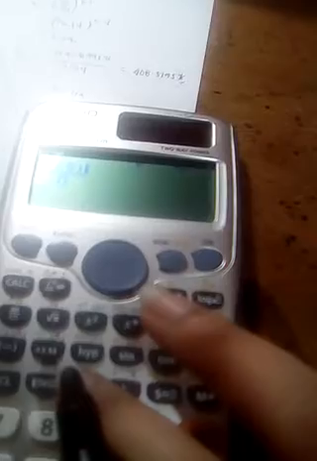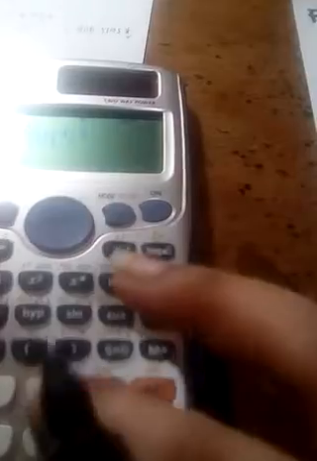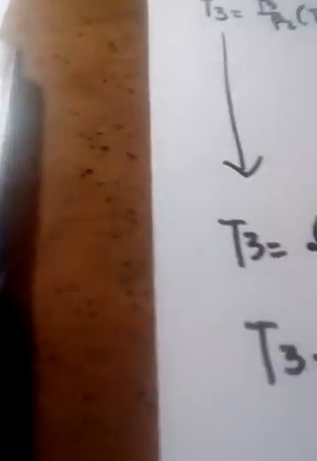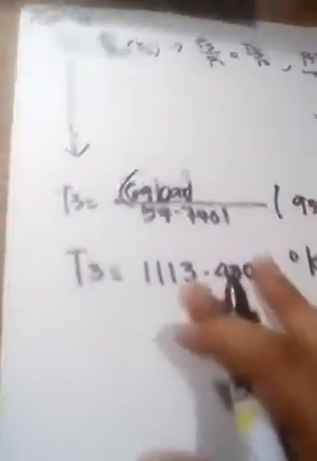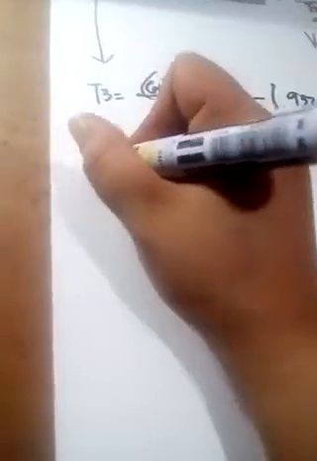Therefore, T3 is equal to 69 over 57.7701 times 932.217. So here, this is the answer for T3, which is 1113.4302 degrees Kelvin.